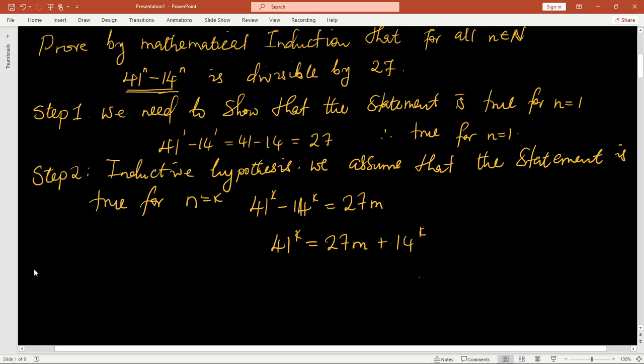So we go to step number 3. Now, we need to show that the statement is also true for n equals to k plus 1.